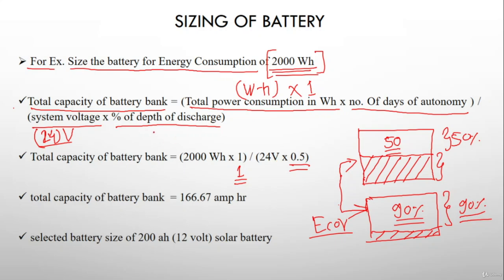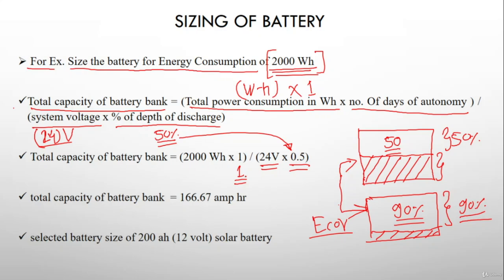For the calculation I am taking 50% depth of discharge, which stands for 0.5 as a multiplication factor. So we take 2000 watt hour multiplied by 1 day of autonomy, divided by 24, which is the system voltage or battery bank voltage, multiplied by 0.5.